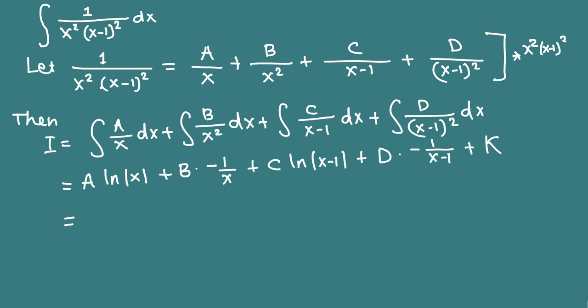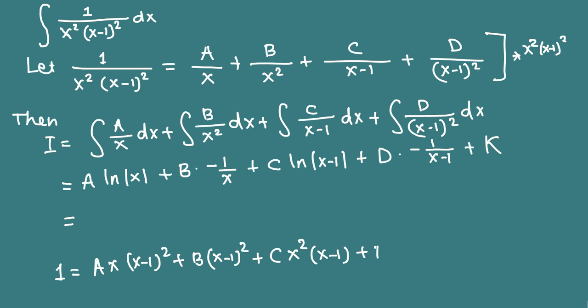Then from the top, multiply the left side by this, we get this one, and this cancels, so 1 equals a over x multiplied by x square (x minus 1) square, x cancels, so a x (x minus 1) square, plus b multiplied by the common denominator, x square cancels, so b (x minus 1) quantity square, plus c, (x minus 1) cancels, so x square x (x minus 1), plus d, (x minus 1) square cancels, x square.